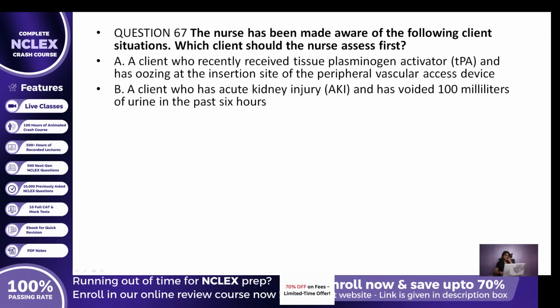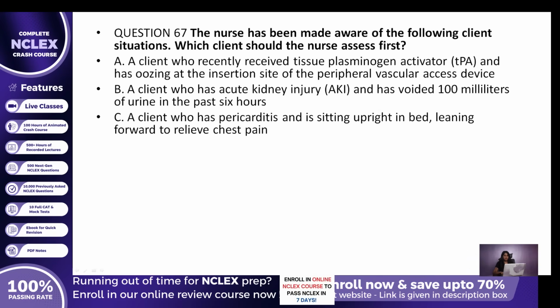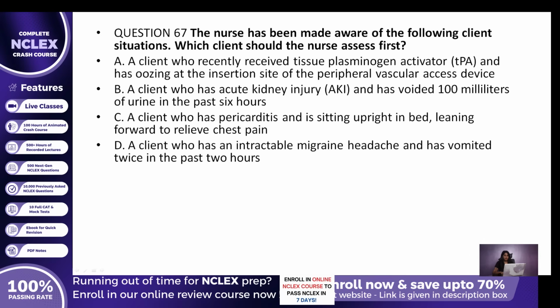B. A client who has acute kidney injury and has voided 100 milliliters of urine in the past 6 hours. C. A client who has pericarditis and is sitting upright in bed, leaning forward to relieve chest pain. D. A client who has an intractable migraine and has vomited twice in the past 2 hours.